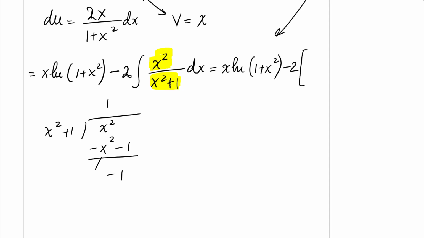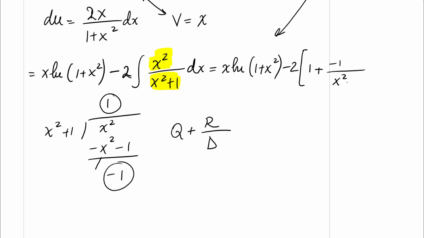When we divide two fractions, we can write the answer as the quotient plus the remainder over the divisor. Our quotient, when we divided, was 1, plus the remainder, negative 1 over x squared plus 1. But let's not forget we were calculating the integral of that. Let's continue.